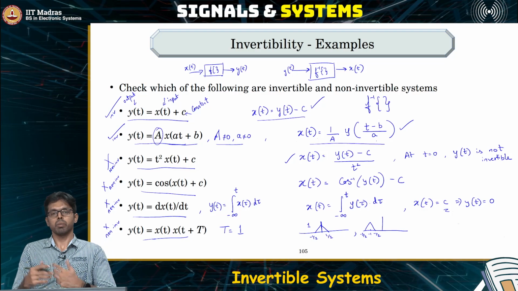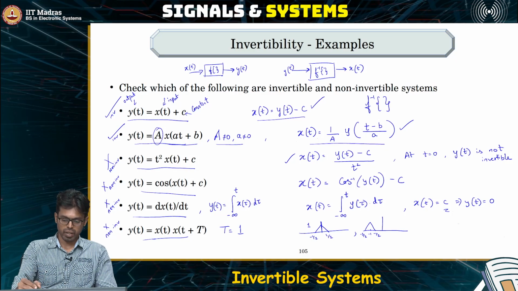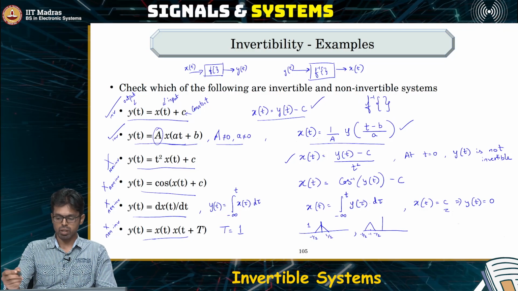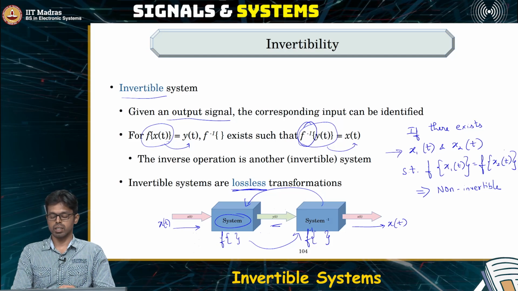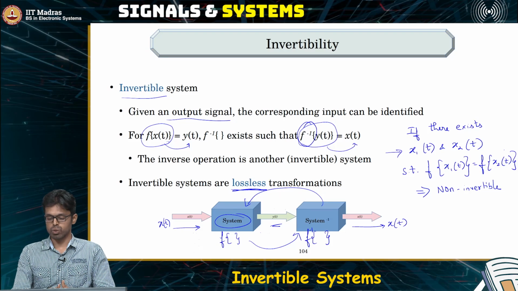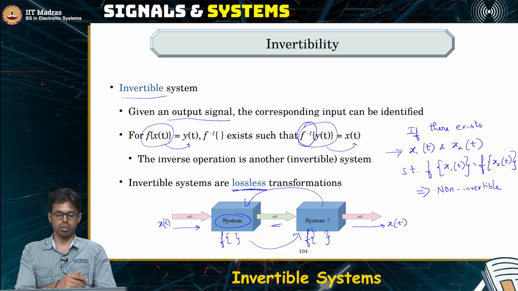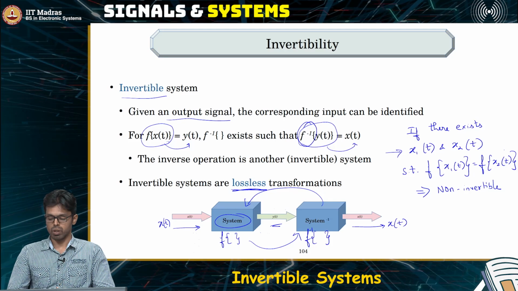So if somebody asks you to design a system and check if it is invertible, you will have to find its inverse. And if it is non-invertible, you will have to come up with at least two signals like this and then say that they have the same output. Because of this reason, I won't be able to know which one was the actual input which produced this output, and hence the system is non-invertible. So this is the way that you say a particular system is either invertible or non-invertible.